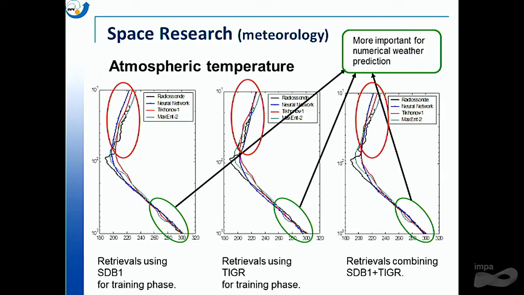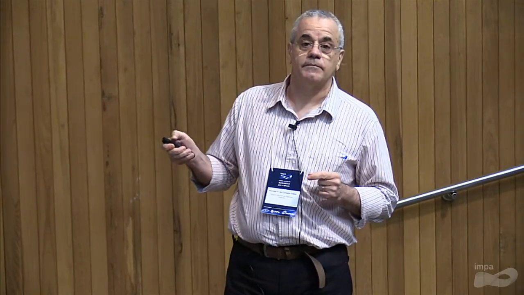But you can also use a different method, for example, a neural network. And in particular, we are interested in the profile in the troposphere, because this is most important for numerical weather prediction. And our best result that we have computed came from the neural network.